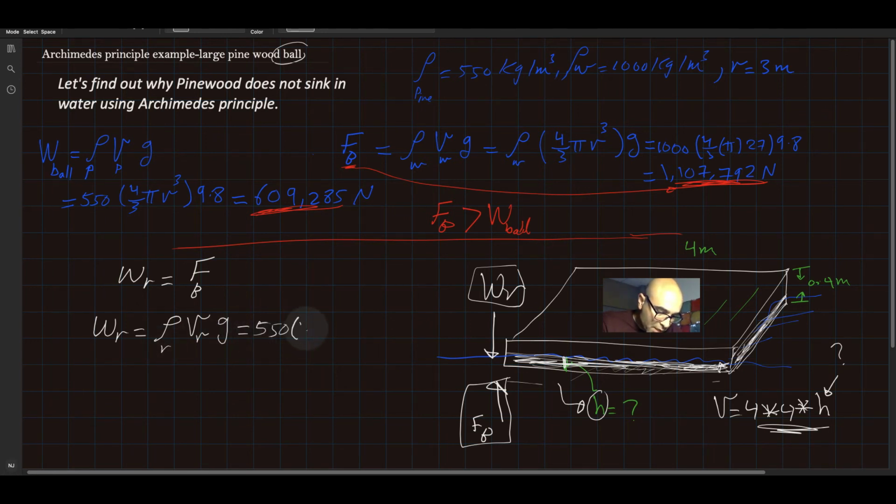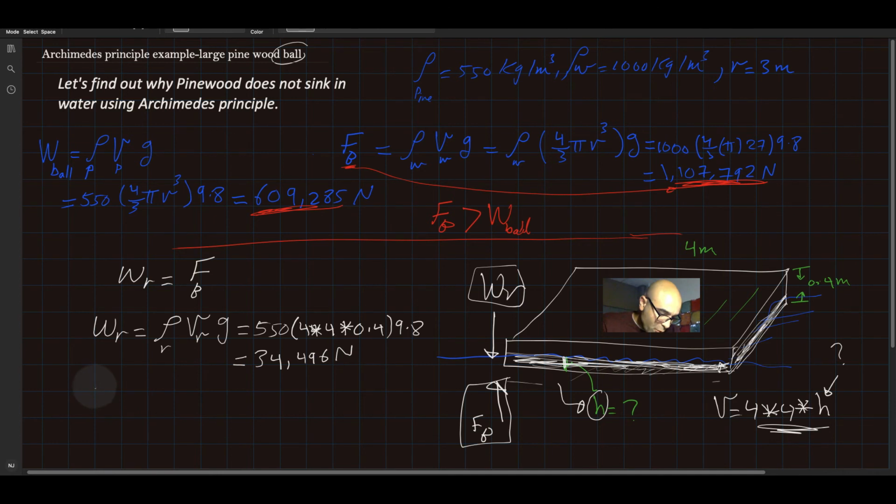The volume is 4 times 4 times its thickness, which is 0.4, and times g, which is 9.8. If we calculate all of this, we will get 34,496 Newtons. So that's the weight of the raft.